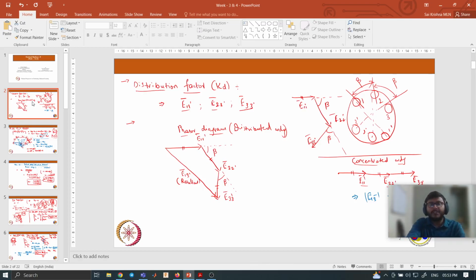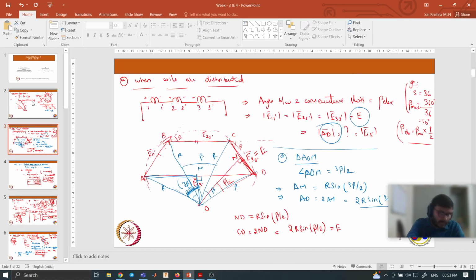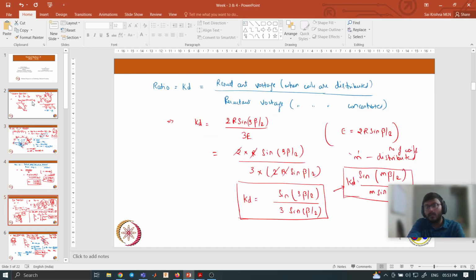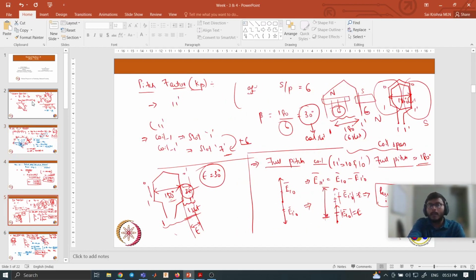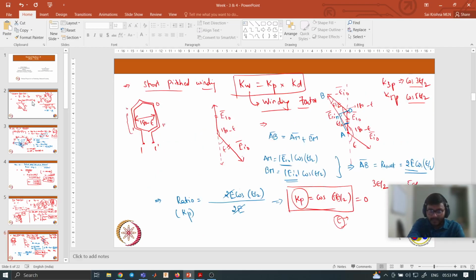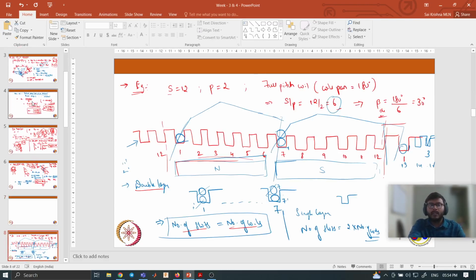We started with the distribution factor, saw the detailed derivation of how to arrive at it, and then discussed the pitch factor and its derivation. We also saw the importance of the distribution and pitch factor, that is, why we go for distributed winding and short pitched winding, and we saw the combined winding factor.